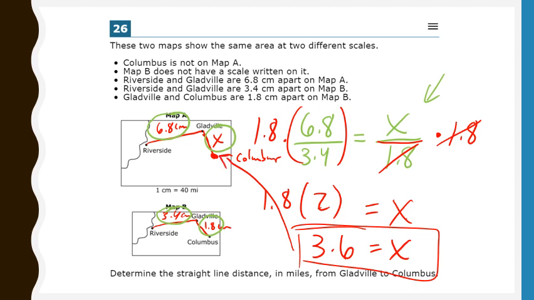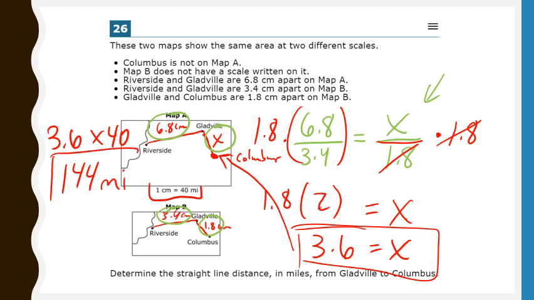The cool thing about finding this piece of information is that I can now translate it to my scale in the top map. For every centimeter, I know it's 40 miles. So all I'm going to do is multiply 3.6 times the 40 miles that it represents. In reality, 3.6 times 40 gives me 144 miles, which is my final answer here.